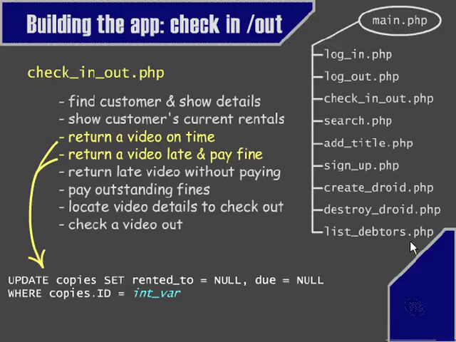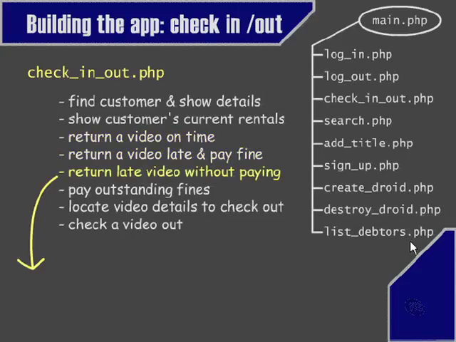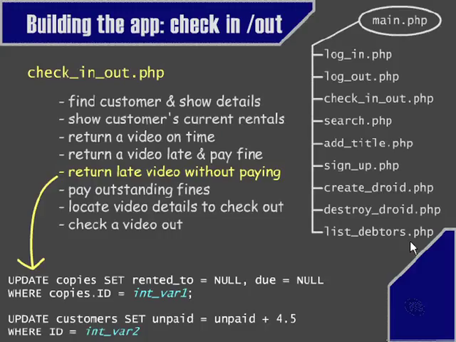This is because no late fee has to be transferred to the customer's account, whereas if a customer were to return a late video without paying the fine, then we need to run essentially two queries.